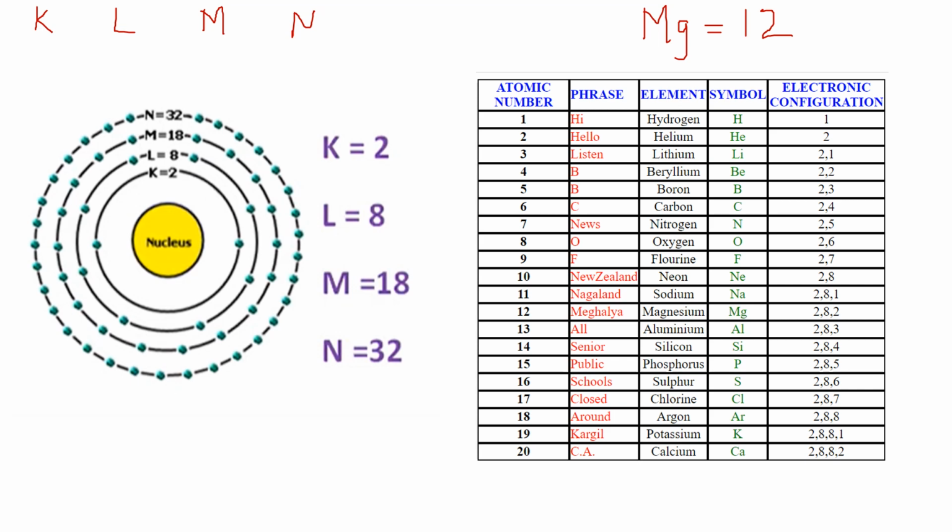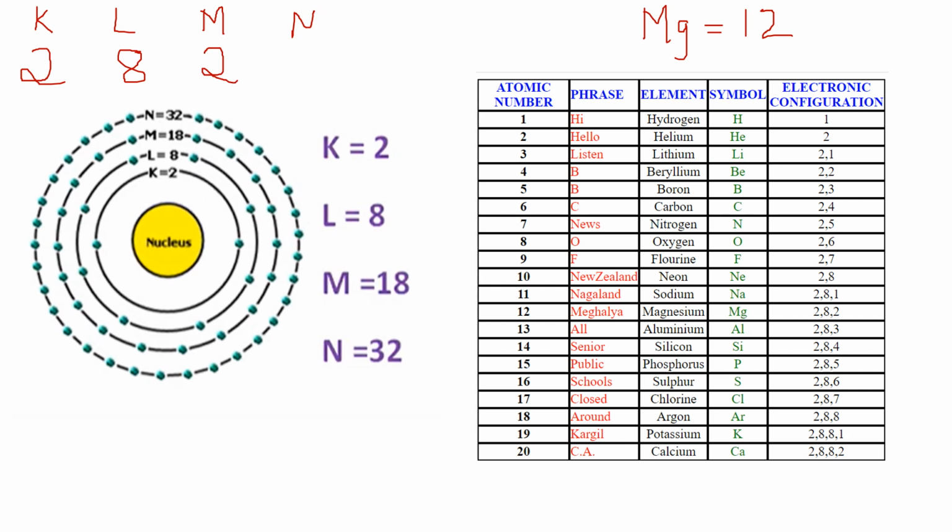Already 2 electrons will be filled in K, because the maximum in the first shell is 2. Now I subtract: 12 minus 2 is 10. The maximum in the L shell is 8, so I write 8 here. Now, 10 minus 8 is 2. Very easy, right?